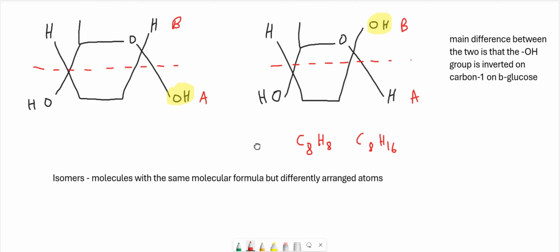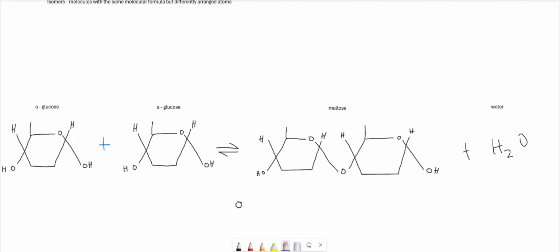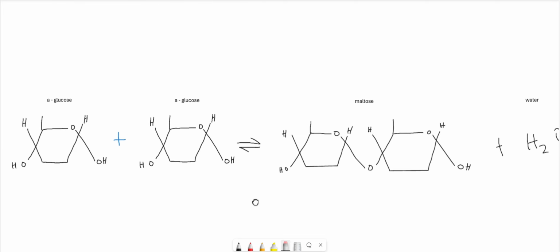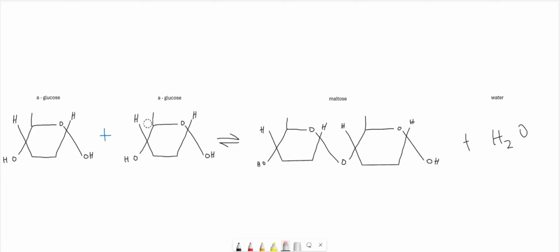This is another chemical equation, but presented in a much more complex and detailed way than the simplified diagrams at the beginning. So here we can see that we have one alpha glucose reacting with another alpha glucose to produce one molecule of maltose and water.